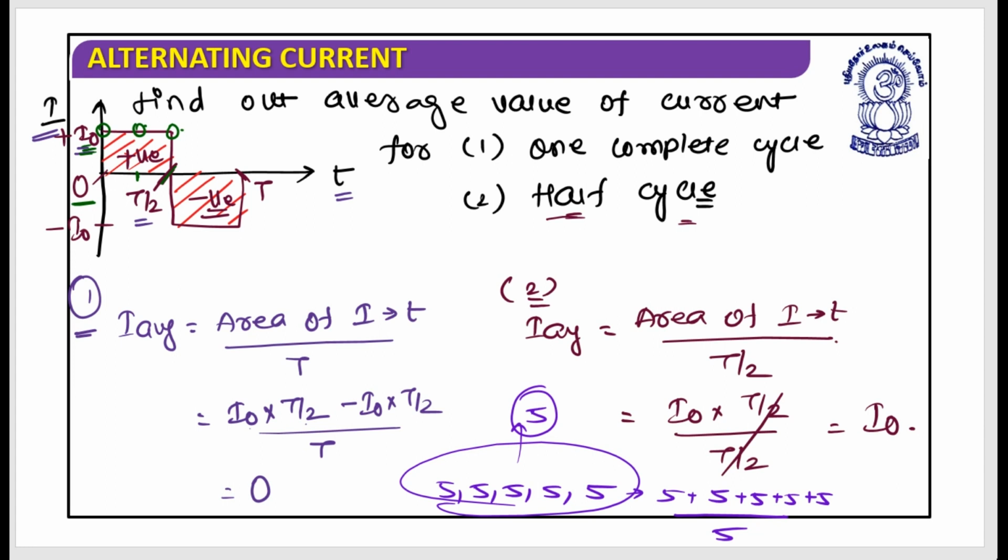If someone asks me to tell the average value, I can say directly that if the value is not changing, it itself is the average. I hope this is clear. So this is the mathematical approach that I can prove anytime. But my mind should also be clear that if a value does not change, it itself represents the average or the peak value. This is I naught.